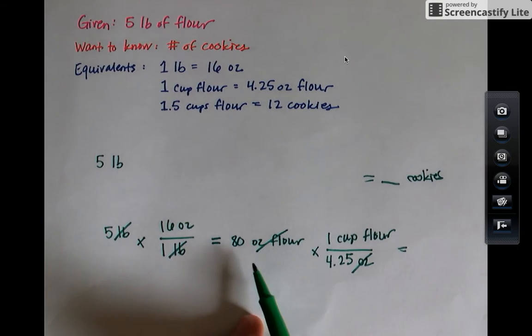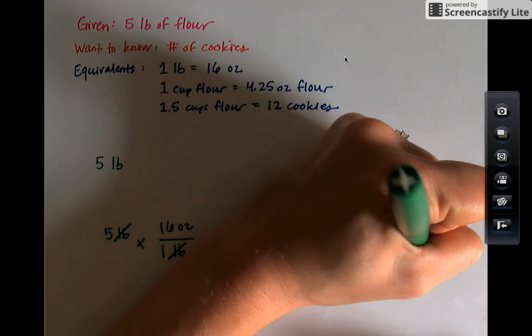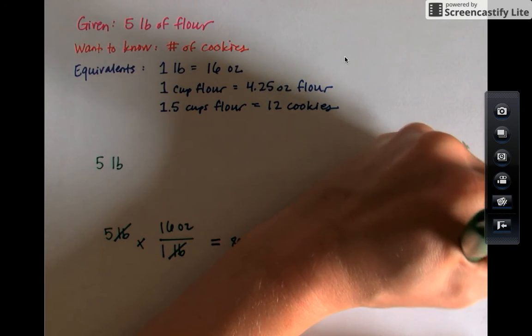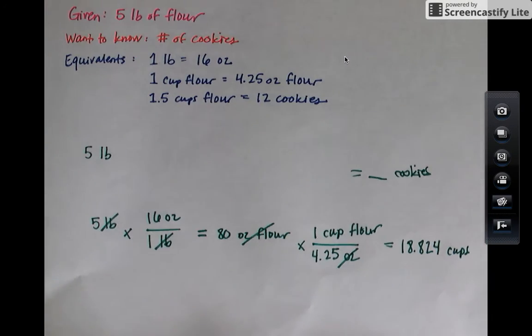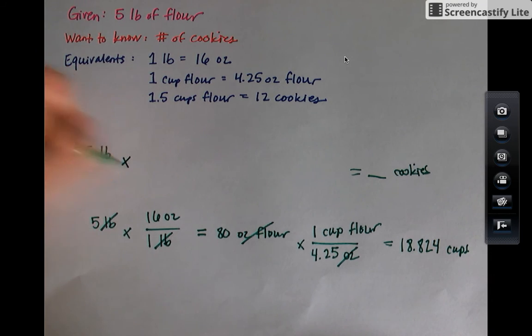To solve this, I would take 80 divided by 4.25. And I would figure out that in this bag, I have about 18.824 cups. So I could keep going like this, or I could just do it in one step. So let's see what it looks like to do it in one step.